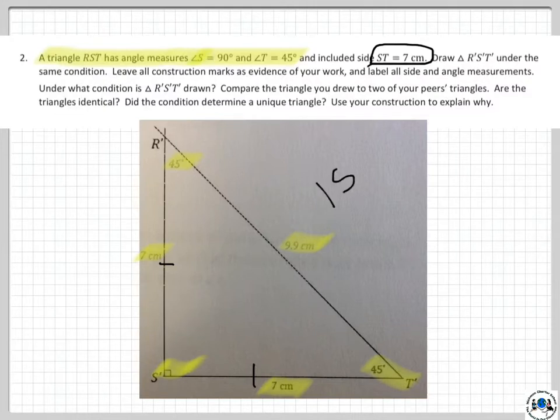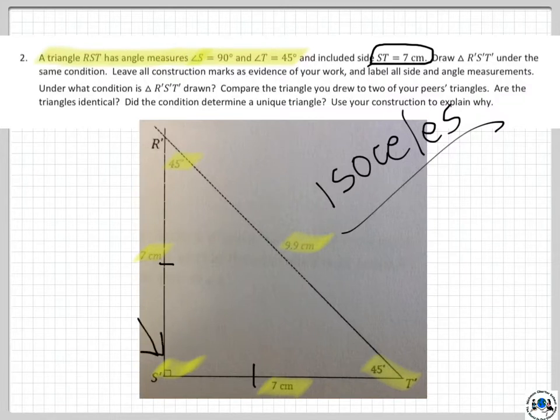This is actually an isosceles triangle, which we talked about before, where two sides are the same. It is also, of course, a right triangle, because we have our 90-degree angle right there. So that's what that looks like, and yes, indeed, there is no other way to draw this triangle.